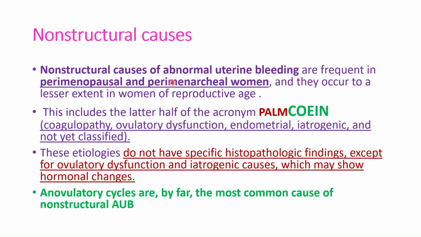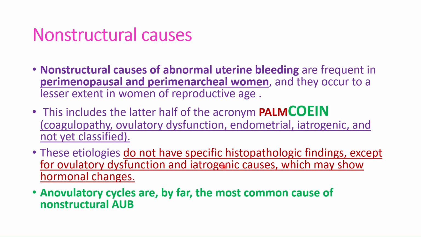Now, non-structural causes of abnormal uterine bleeding are frequent in perimenopausal and perimenarchal women and to a lesser extent in women of reproductive age. Now, this includes the latter half of the acronym PALM-COEIN, which we have already discussed: coagulopathy, ovulatory dysfunction, endometrial, iatrogenic and not yet classified causes.